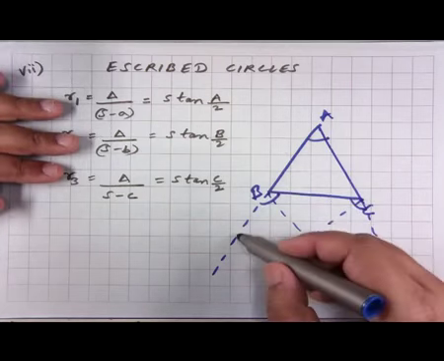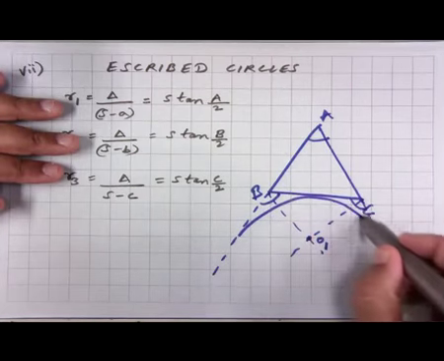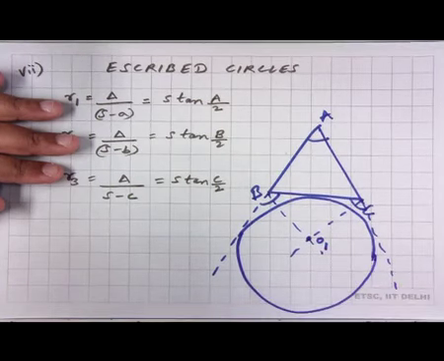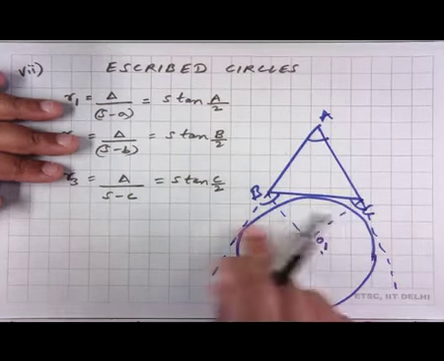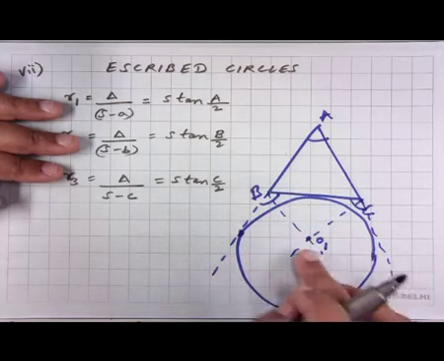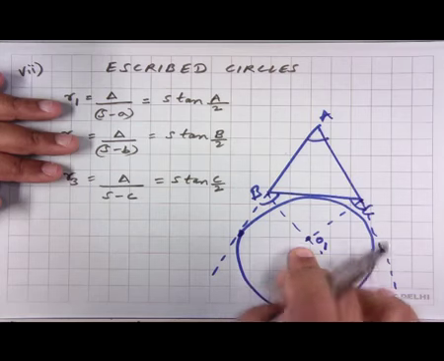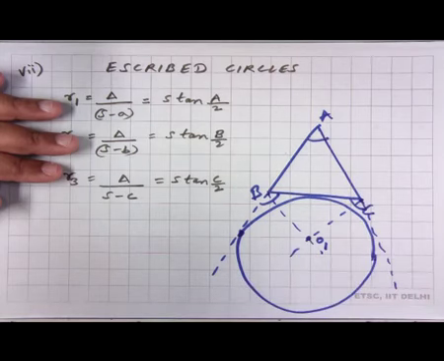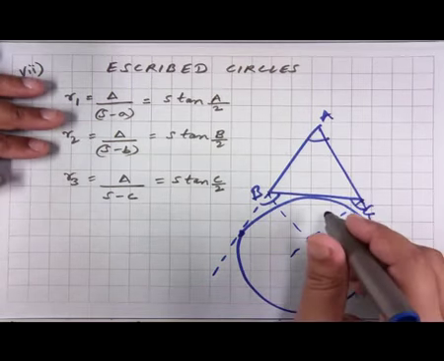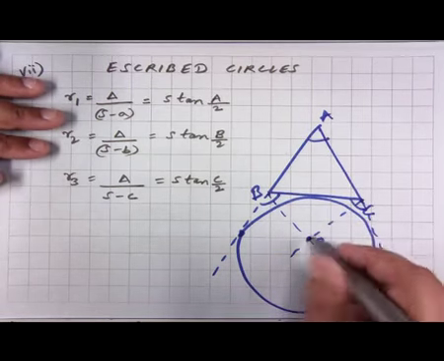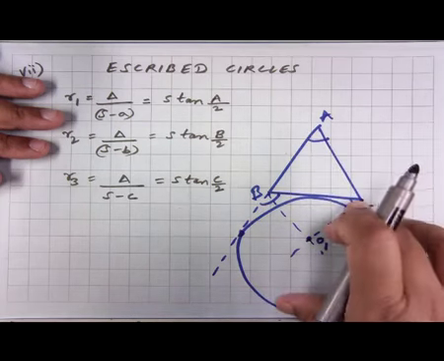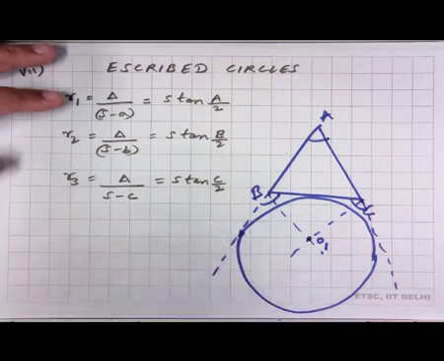In this case it will be something like this, and the point where these angle bisectors meet will be the center of the escribed circle opposite to angle A. By notation, we define the radius of this escribed circle opposite to angle A as R1.